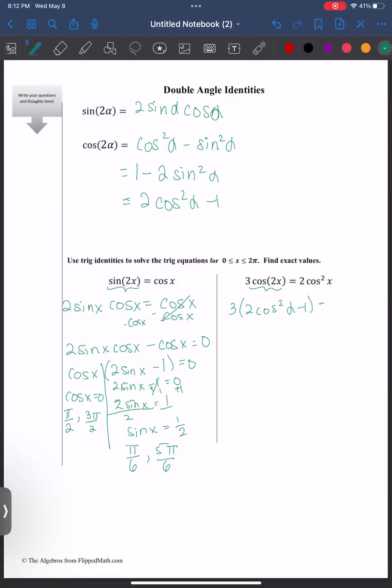You want to use that identity because of the fact that you have it equal to cosine squared of x. You don't want to be adding a whole bunch of different trig functions. You want to keep it as cosine if that's what you have.